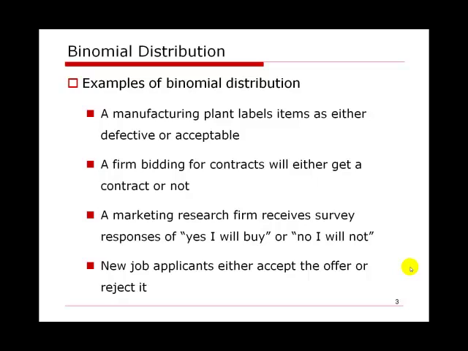For example, if you are working in a manufacturing plant and doing quality control, you try to identify, among a certain batch of the output, what is the probability that you get a certain number of defects? Well, this number of defects within a given output batch follows a binomial distribution.